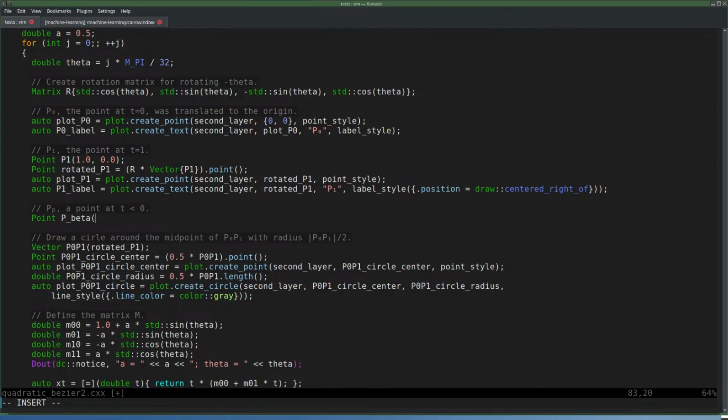But the original P beta, just like here, I'm just going to give it coordinates relative to the unrotated case first. Which means that we have to think of something. Let's say minus 1.0, comma, who cares?